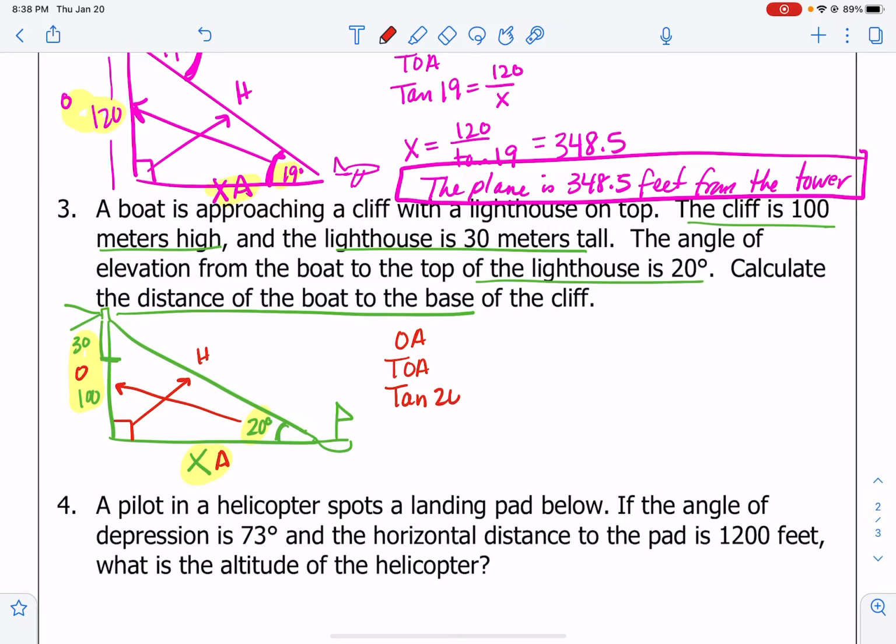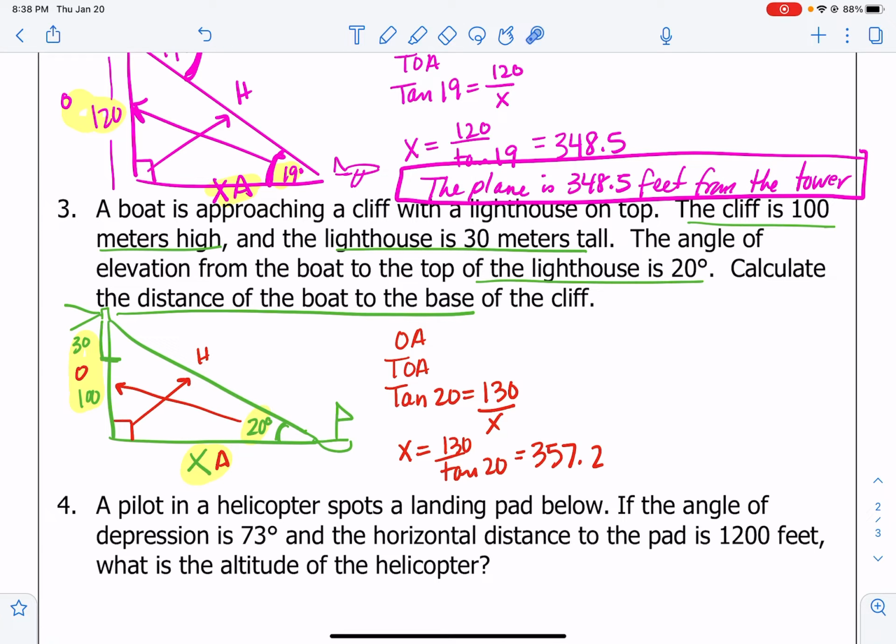Tangent 20 equals 130 over x. So x equals 130 divided by tangent 20, which comes out to 357.2.